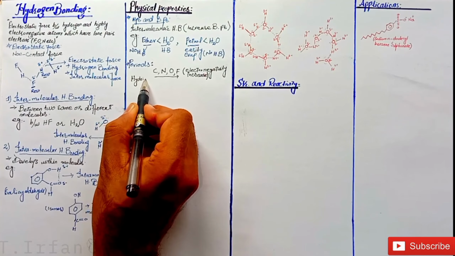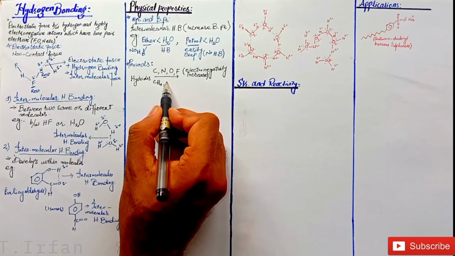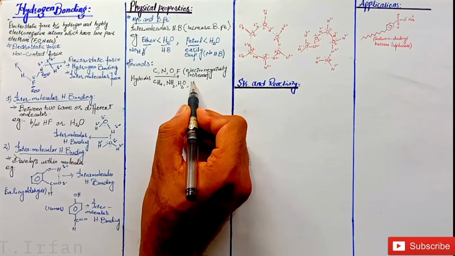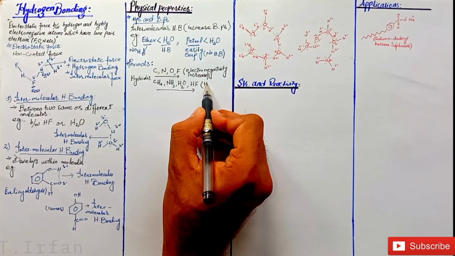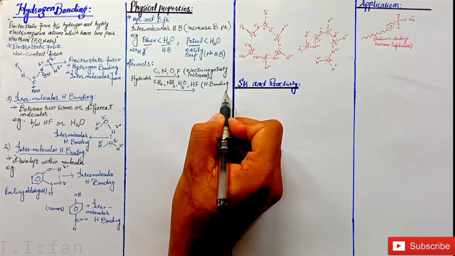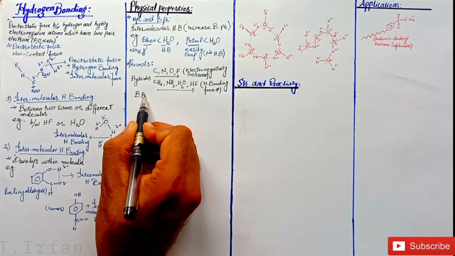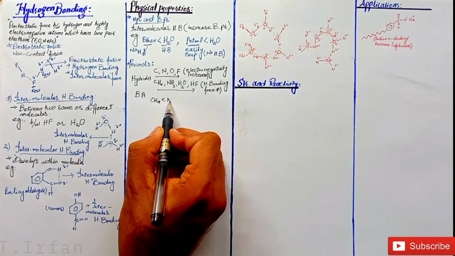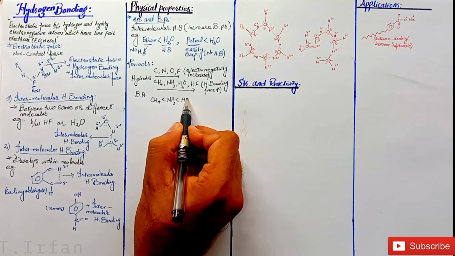And when we discuss the hydrides of these atoms, such as methane, ammonia, water, and hydrofluoric acid, the hydrogen bonding tendency or hydrogen bonding force also increases from left to right. This is because electronegativity increases. So we can say that as we move from left to right, molecules hold each other strongly, so their boiling point increases.